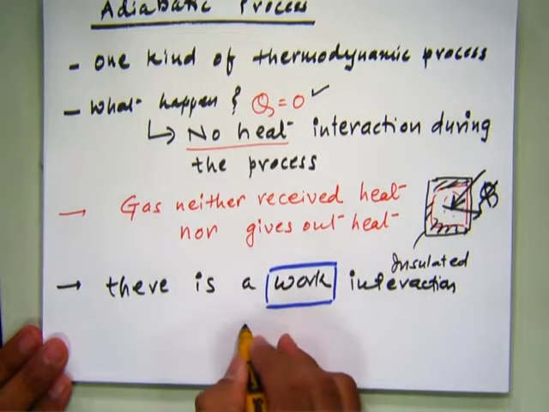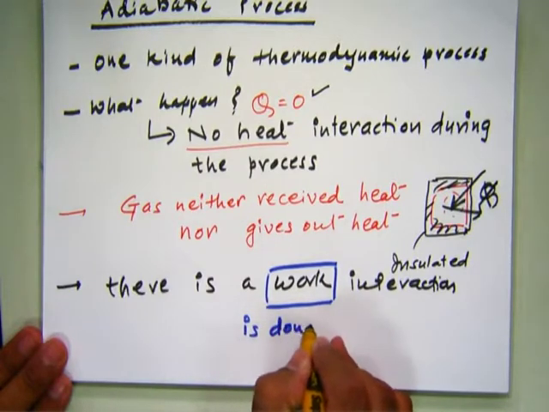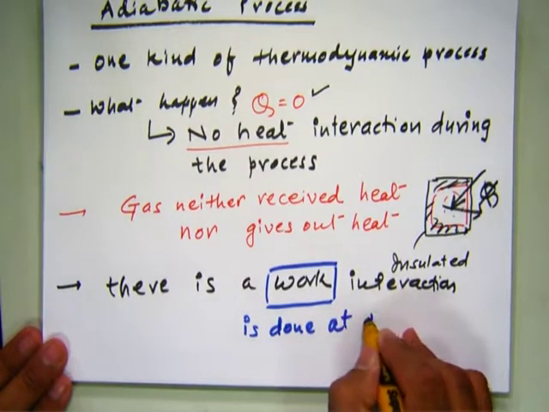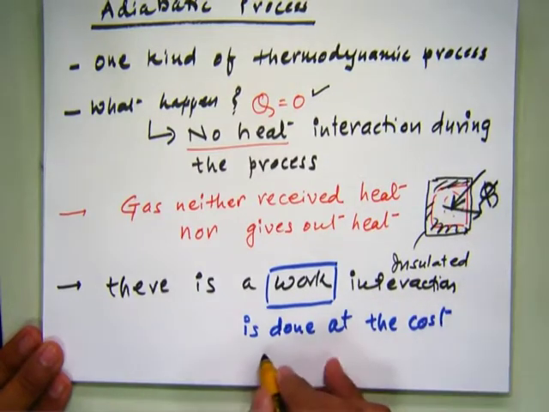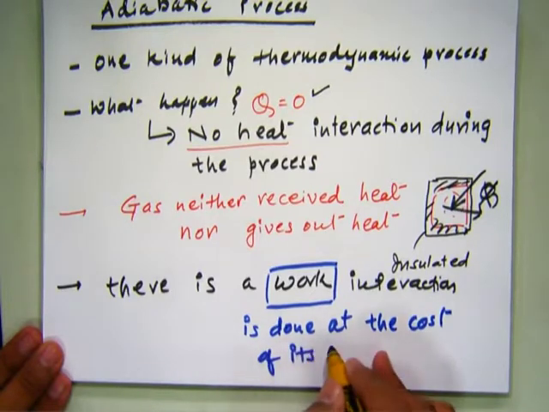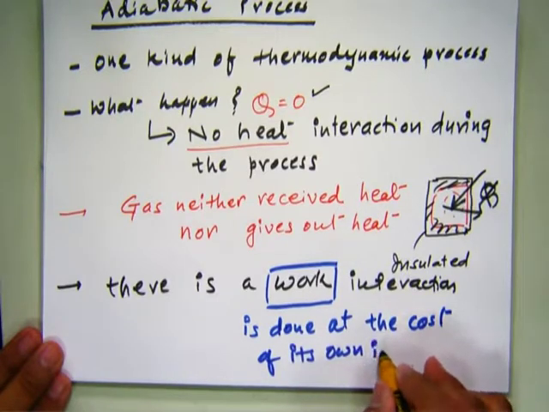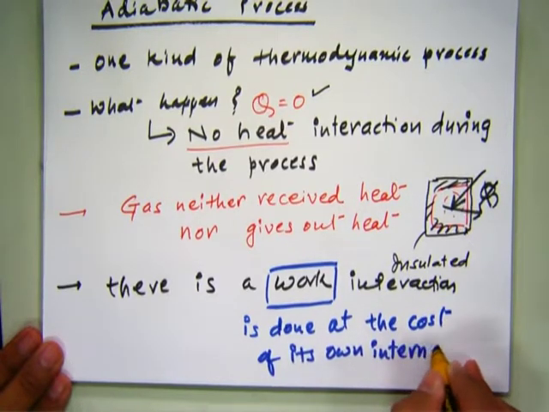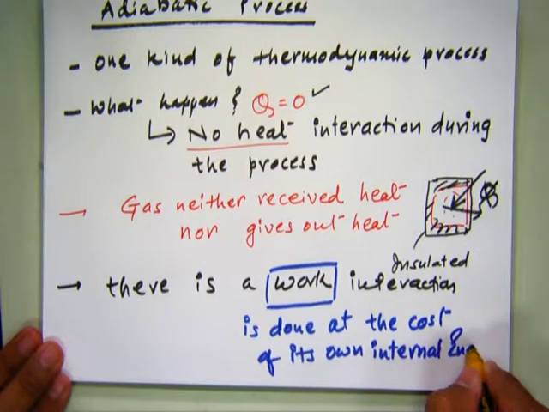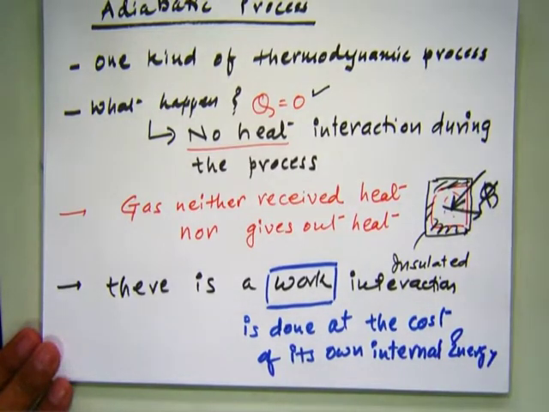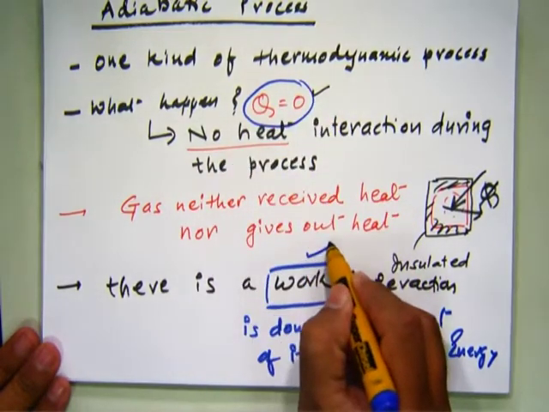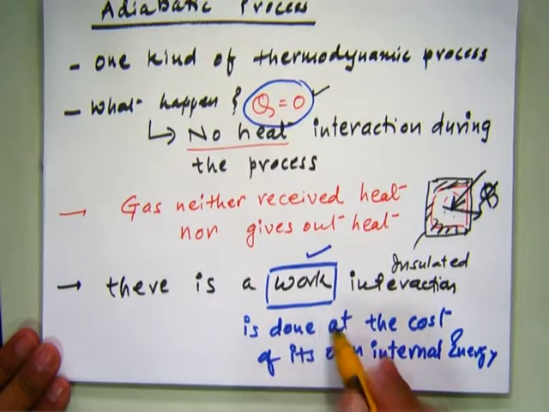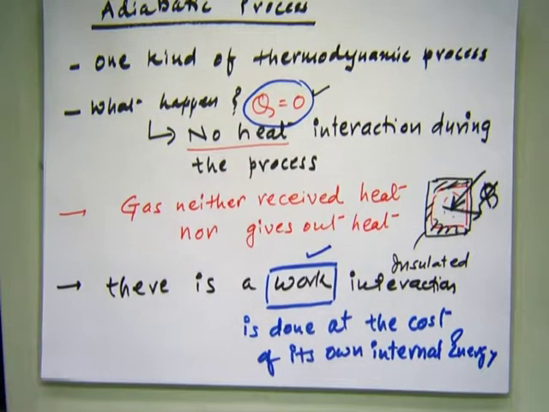The work is done at the cost of its own internal energy. There is no heat transfer, but work is there, and this work is done at its own internal energy.